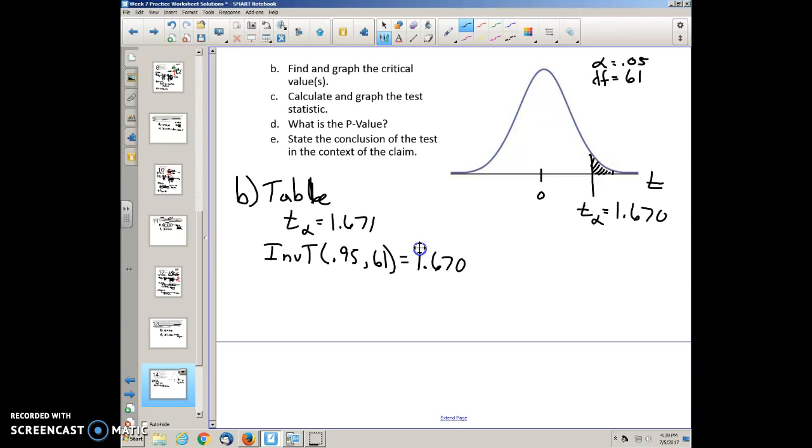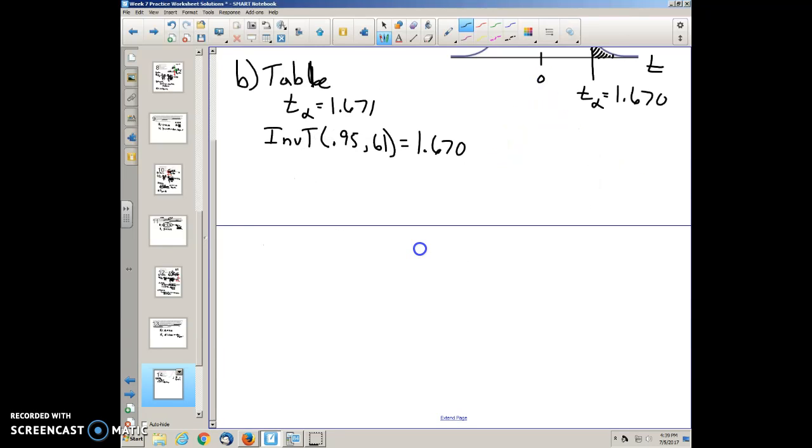All right, let's calculate the test statistic. So in this case, it's t sub x bar. It's x bar minus mu over s over the square root of n.